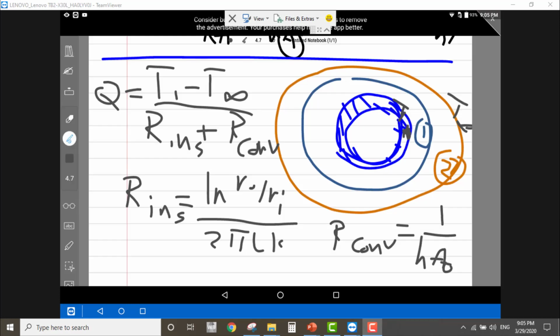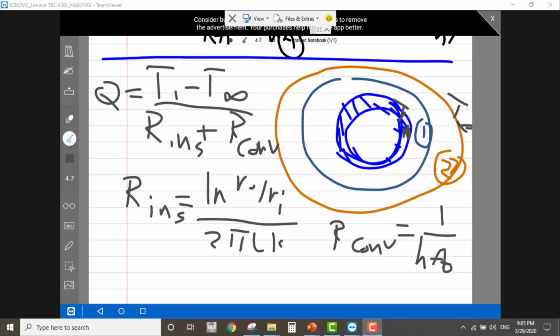What happens if we add insulation 1? R out will increase, since we add more insulation. So R insulation also will increase, correct? So this term increases. What is the expectation? Q must decrease, correct?